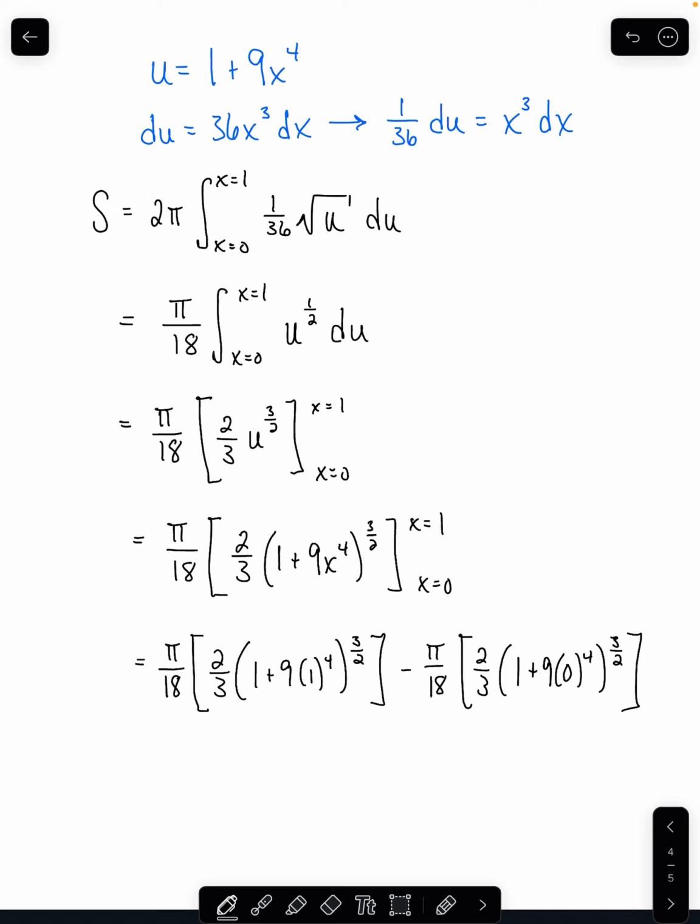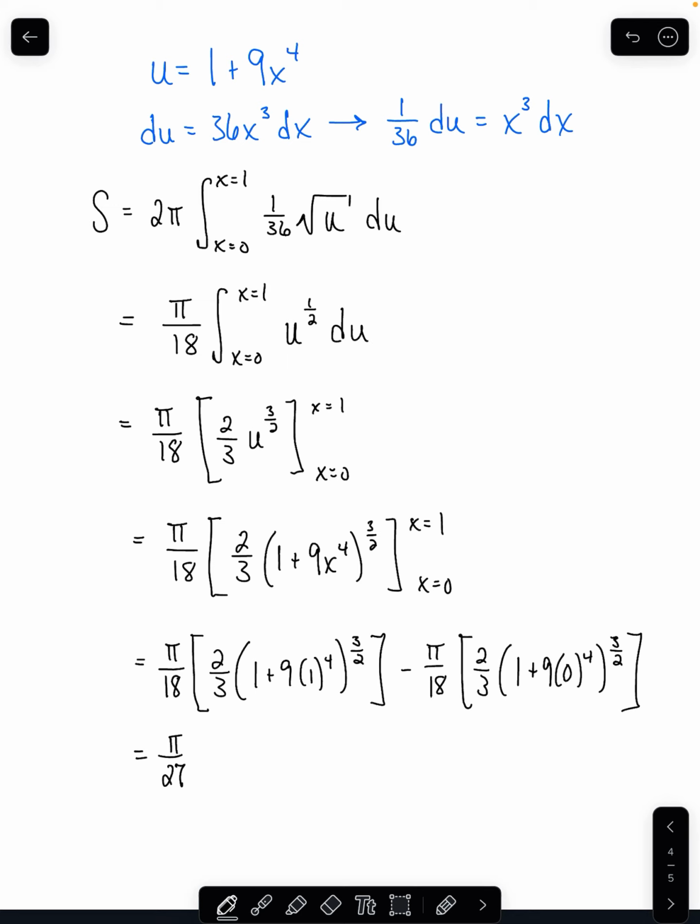So combining a few steps here, we can simplify the pi over 18 times the 2/3 a little bit to get pi over 27. Then we have 1 to the fourth, which is 1, times 9 is 9.